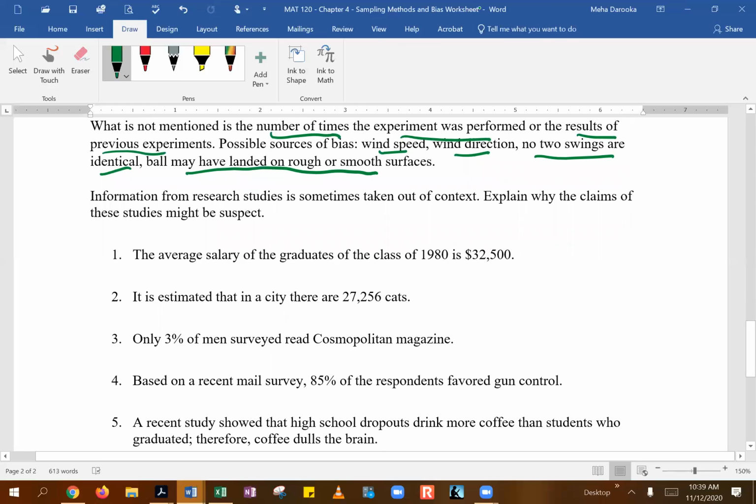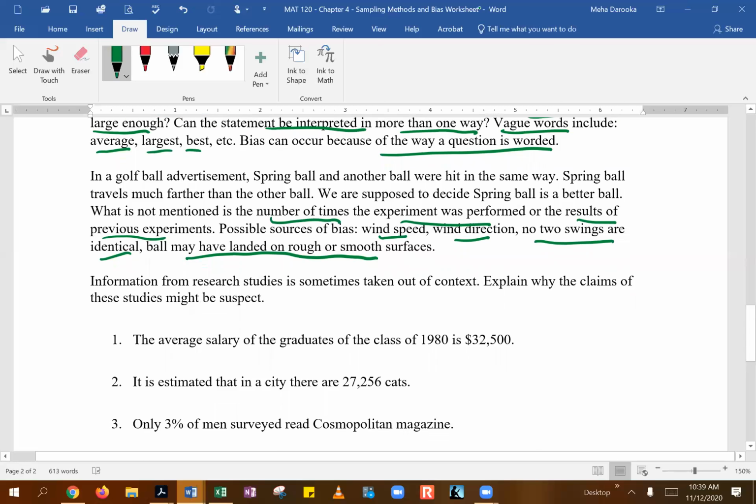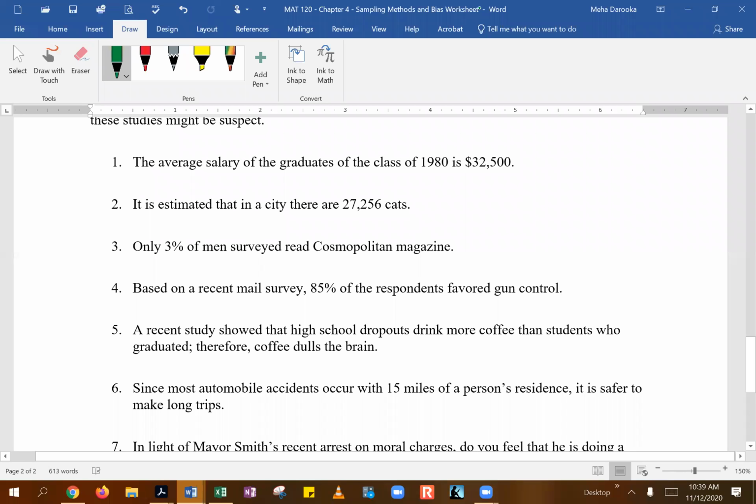So here they're talking about information from research studies sometimes being taken out of context. And they're just asking, what do you think the bias might be here? Why do you think that these studies might be suspect? So again, you're looking for those vague words. You're thinking about what bias might be there that they are not explaining, like they're talking about here with the golf ball ad. So the first one here is talking about the average salary of the graduates of the class of 1980 is $32,500.